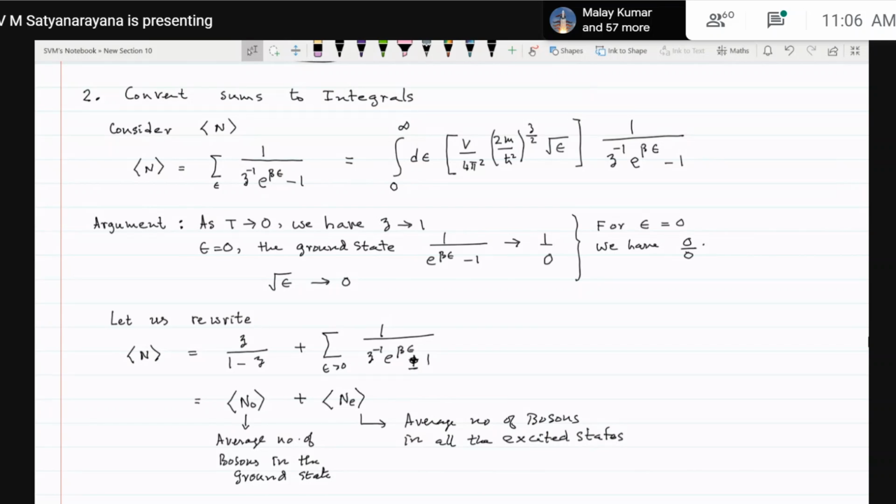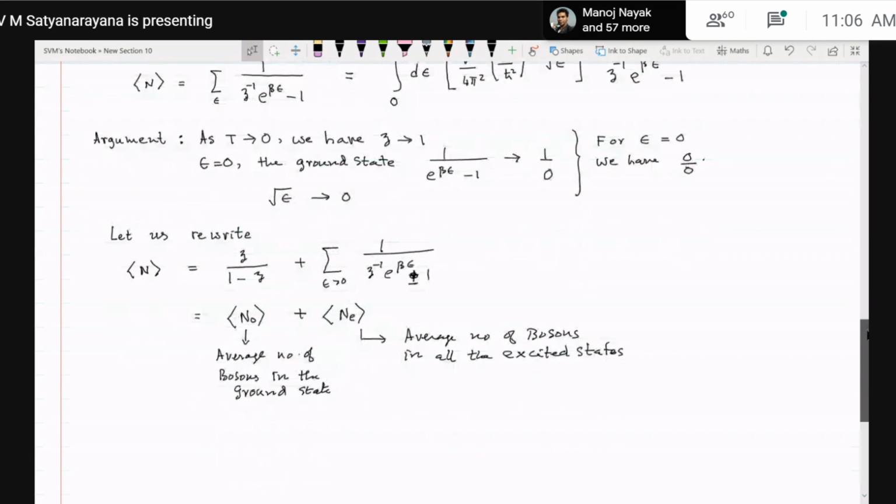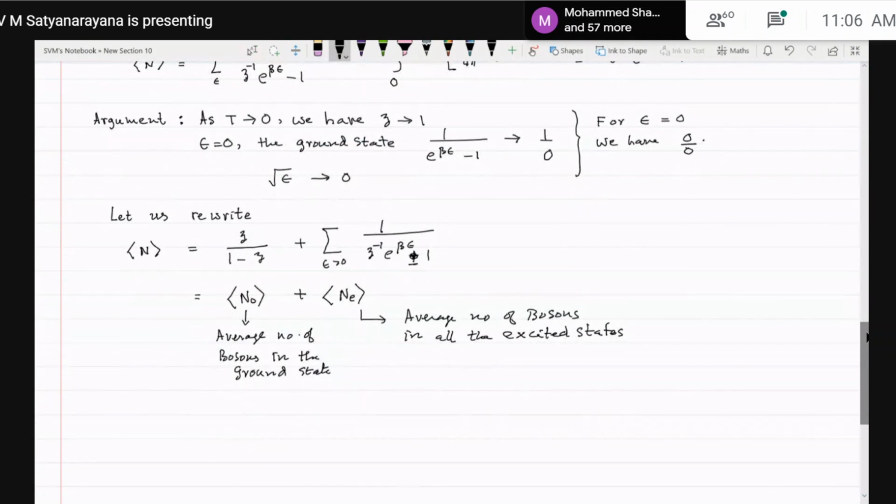Now notice that this term, leaving the other term aside, I can write the average N_E as a sum over epsilon greater than 0 of 1 by z inverse e to the beta epsilon minus 1.